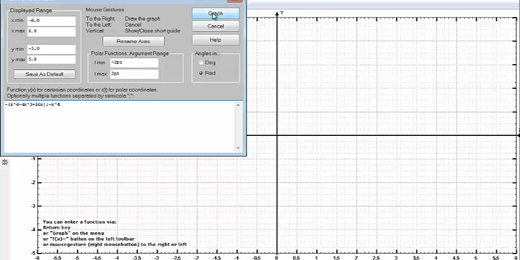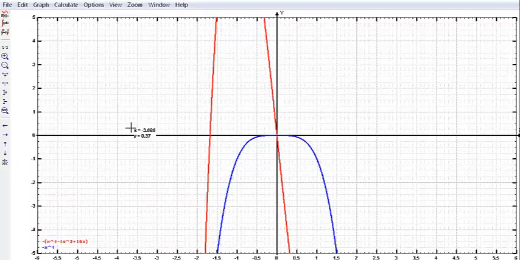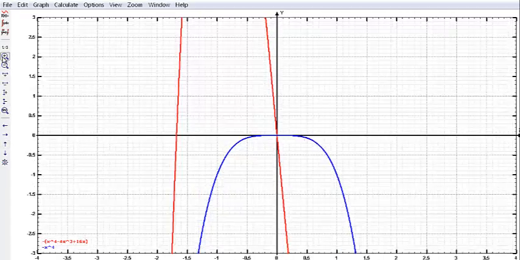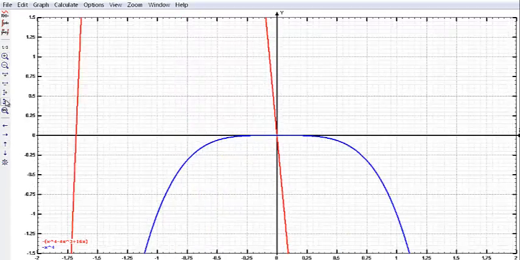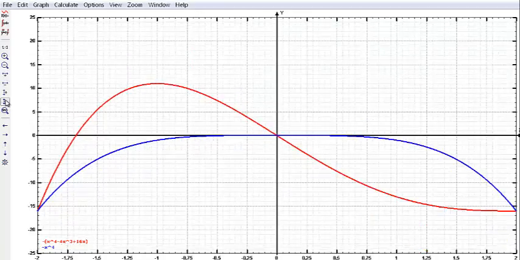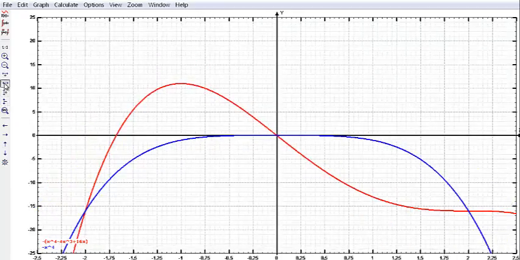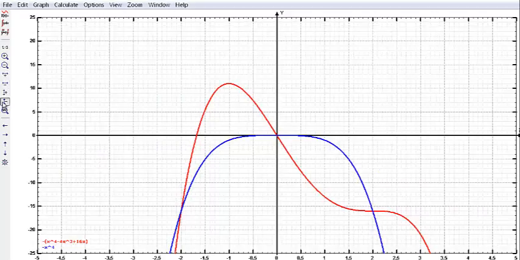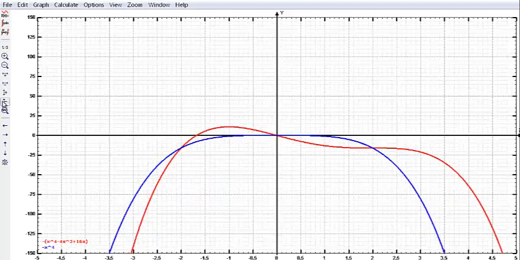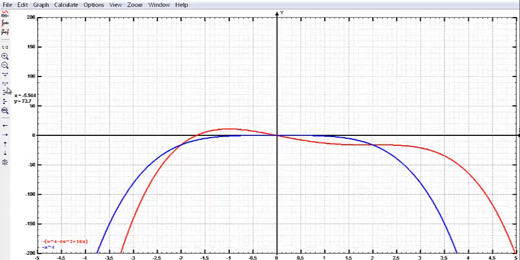And when I graph it initially, they're going to look quite different. But what I do is I zoom out, and it takes a while to zoom out.